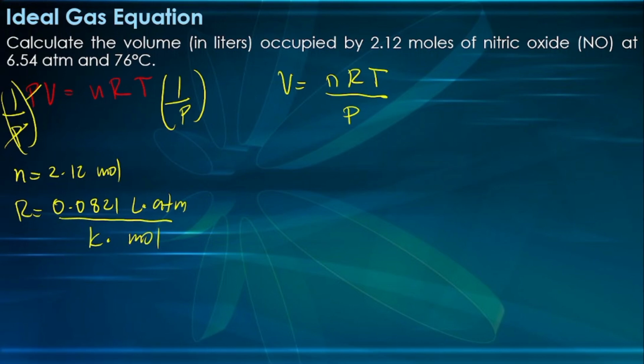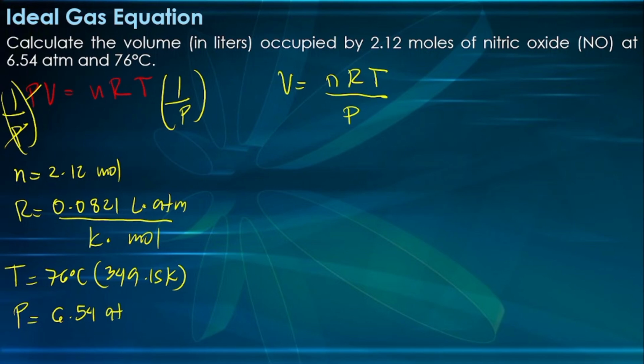And then the temperature is 76 degrees Celsius. We convert that into Kelvin by adding 273.15. So our temperature is 349.15 Kelvin.